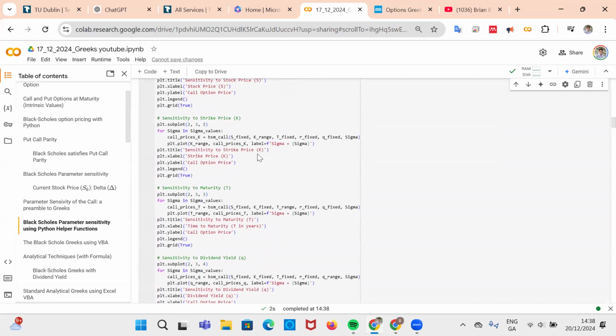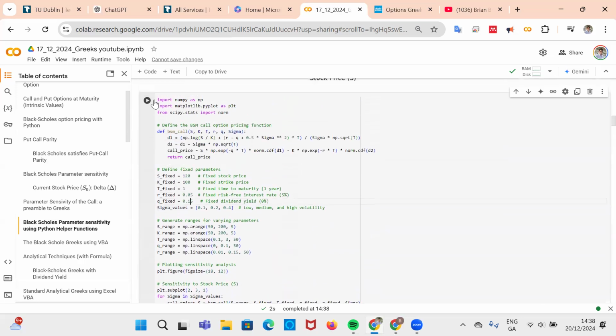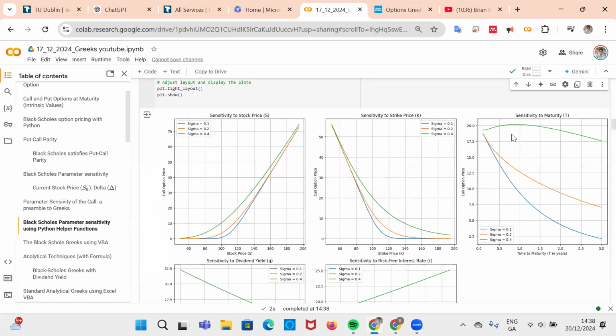But if we increase the dividend back to the 15%, you can see that in each instance, as we increase the maturity, and again, this is for a higher stock price than the exercise, a reasonably deep in the money option, the option value drops.